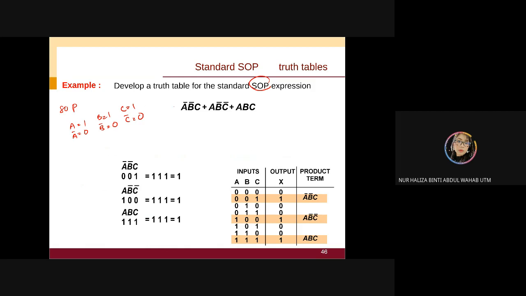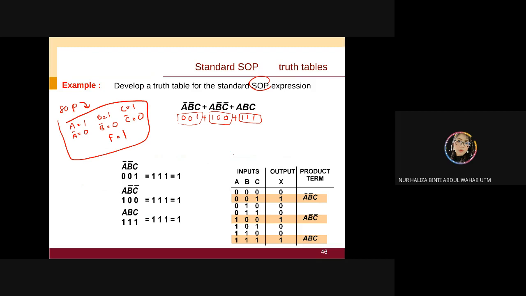So from this, you notice A bar is 0, B bar is 0, C is 1. Plus A equal to 1, B bar equal to 0, C bar equal to 0. Plus A bar, A, B, C. So all this input, you will get the output of 1 for the condition of your SOP.